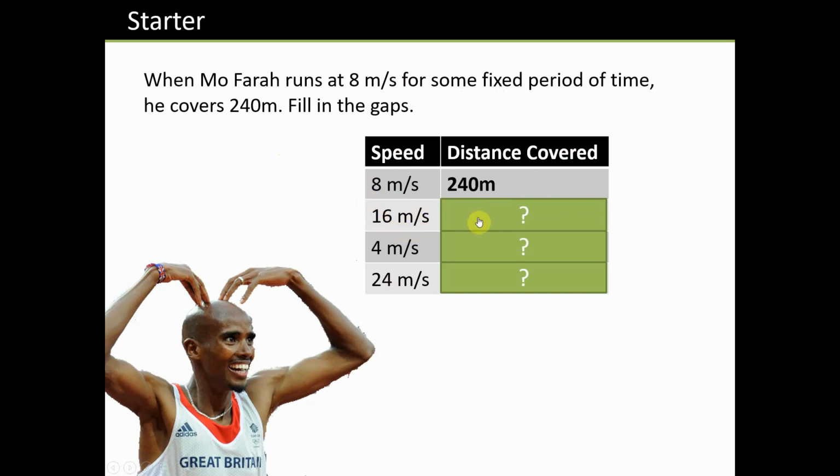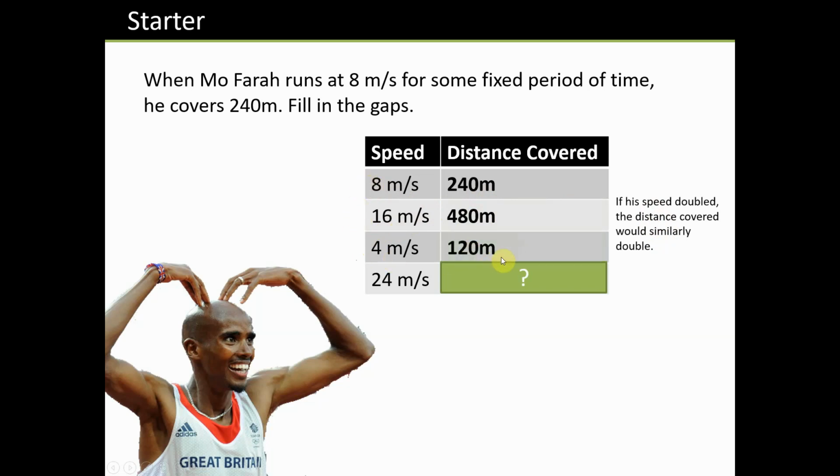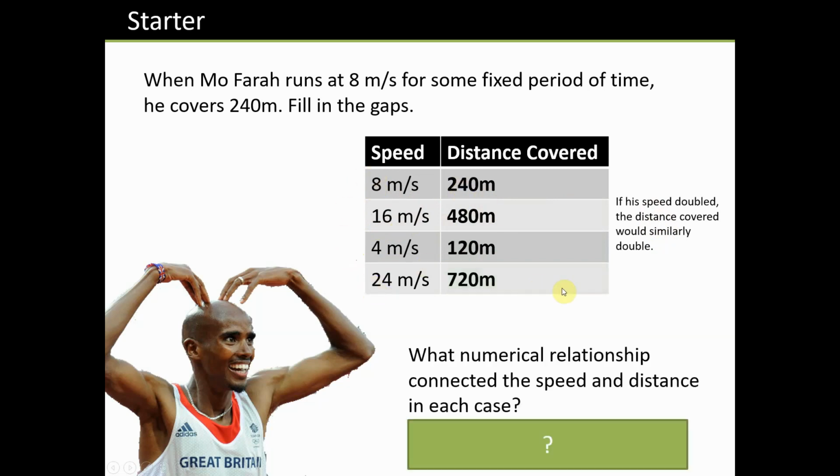Well, he's run at twice the speed, so he should run twice the distance. If his speed doubles, his distance doubles. If we think about him going half the speed, from 8 to 4, then it should be half the distance. And from 8 to 24, that's 3 times the speed, so he should run 3 times the distance, so 720 meters.